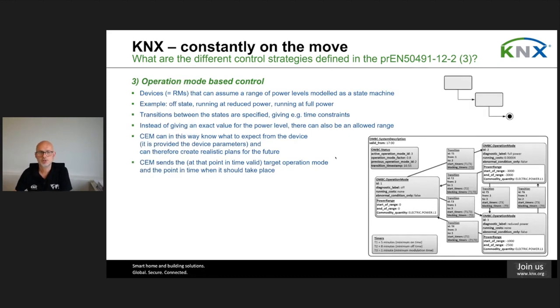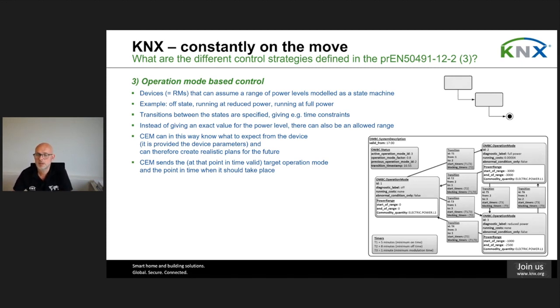Okay, the third control strategy is the so-called operation mode-based control. This is typically for devices that assume a range of power levels modeled as a state machine. So I have made a comparison to a state machine. For instance, a device could be in the off state.